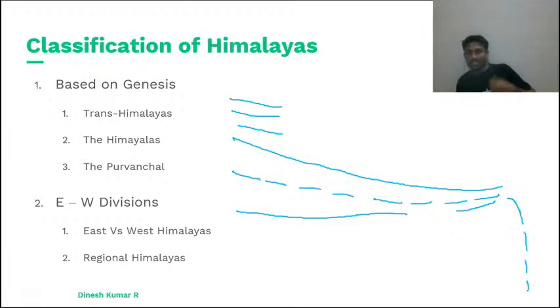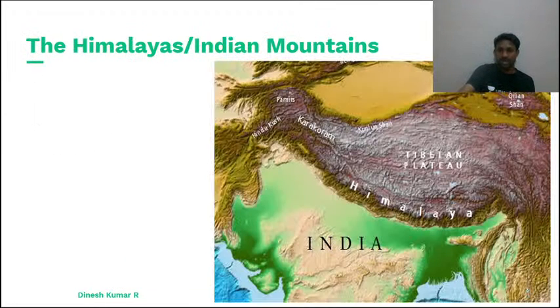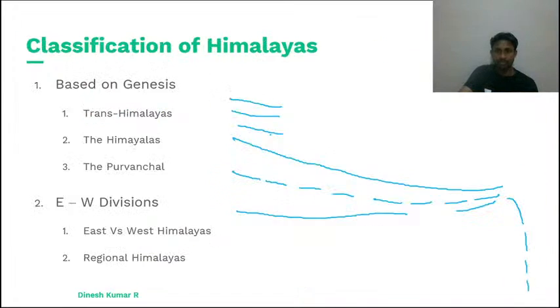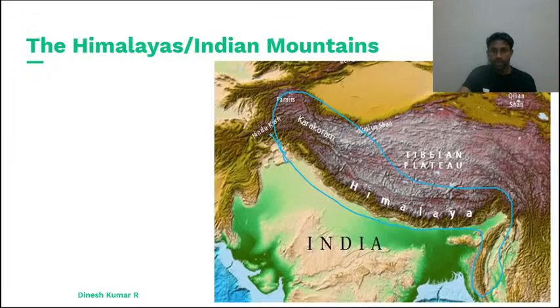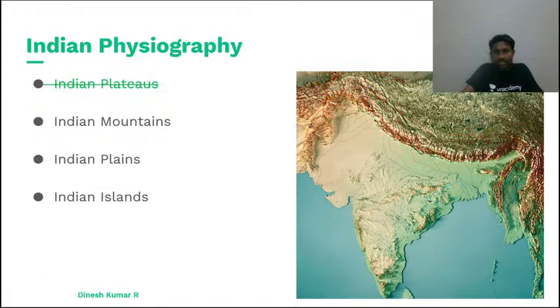Okay, see, this is how my Himalayan region looks. I have drawn this region from here to here. I will take some other figure to show it properly. Here, let us show this. What I have drawn in the previous figure, I will just mark it here so that you can understand.